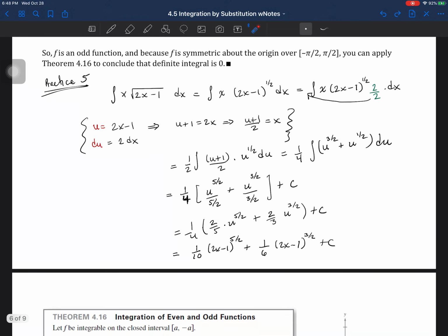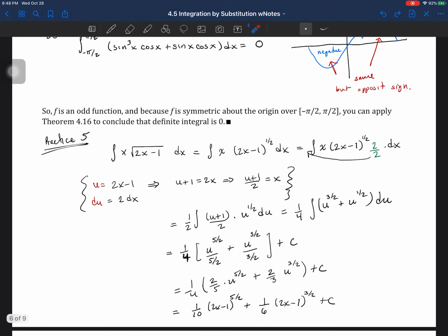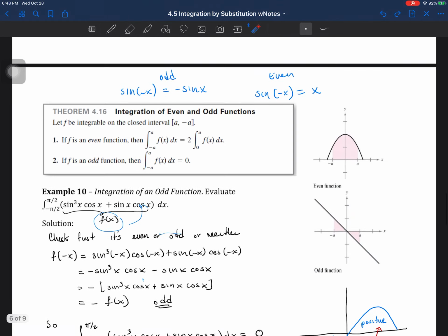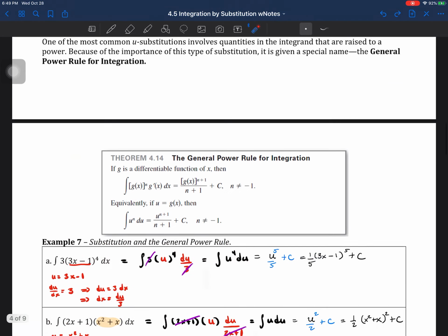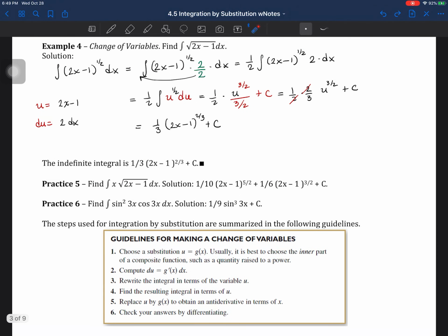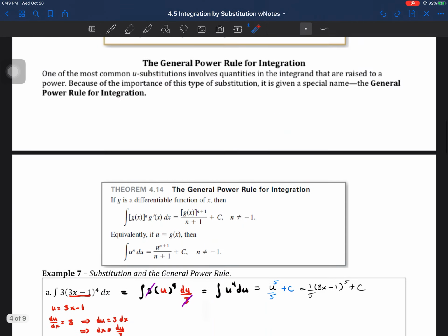All right, so here I'm going to do number 5 from above. We're going to do this problem right here, and we're going to be using u substitution.